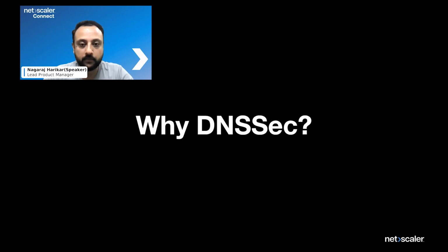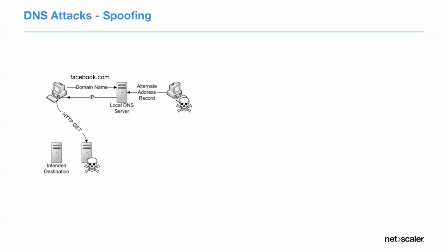DNS is the second most targeted attack protocol after HTTP. And hence, there are several types of attacks that are performed on the DNS layer. Let's see one such attack, the DNS spoofing.